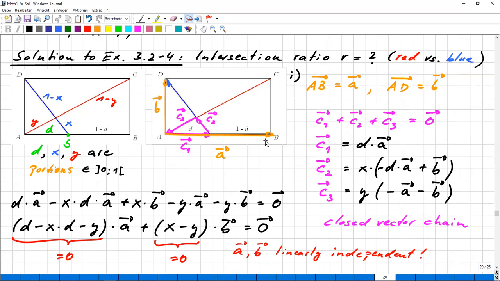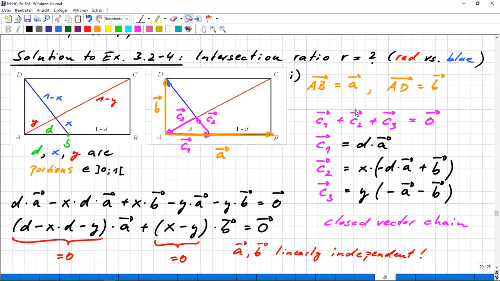Anyway, now I construct a closed, visible vector chain using this little triangle, because this is so nice here. It's the smallest one that I can find, and it also contains all our interesting portions, like D, X, and Y. So look here: C1 from point A to this point, then I go on with vector C2, and then I go on with vector C3, and you see that this is a closed vector chain.